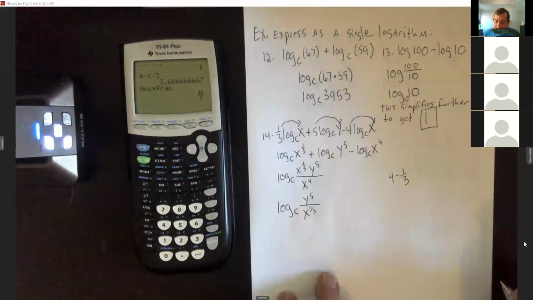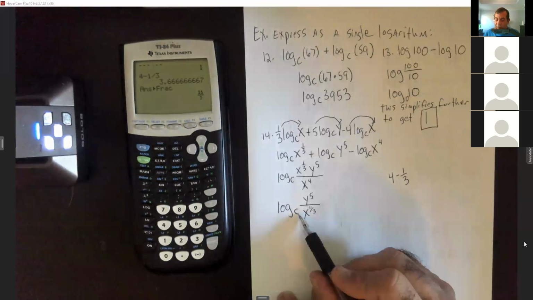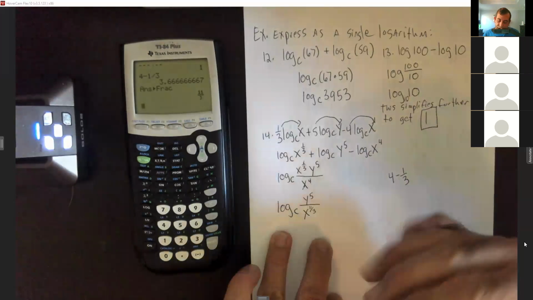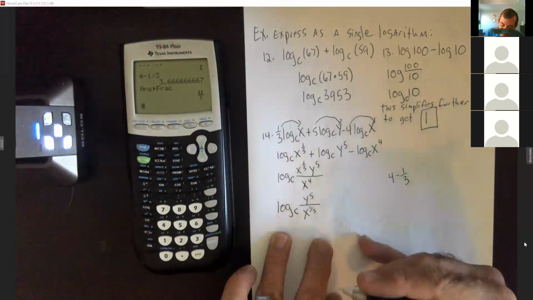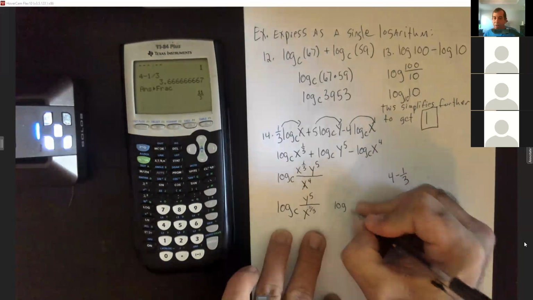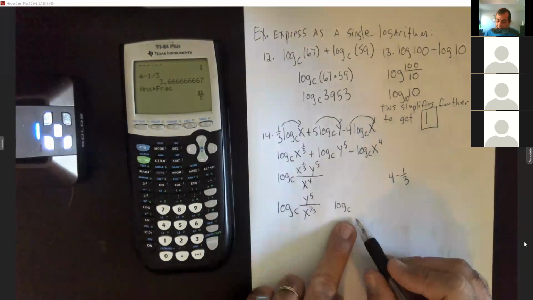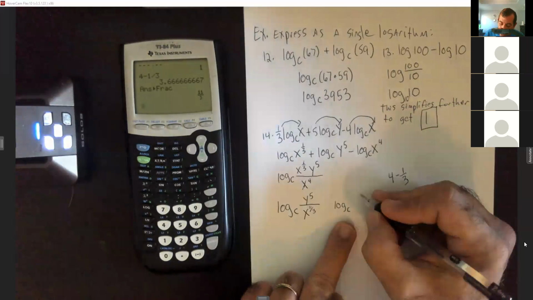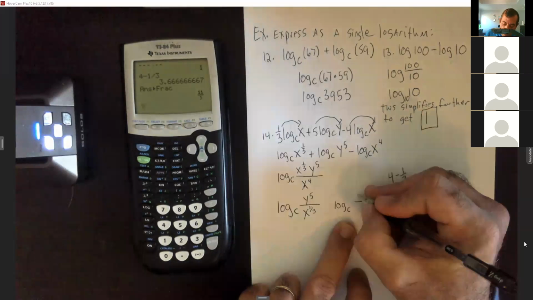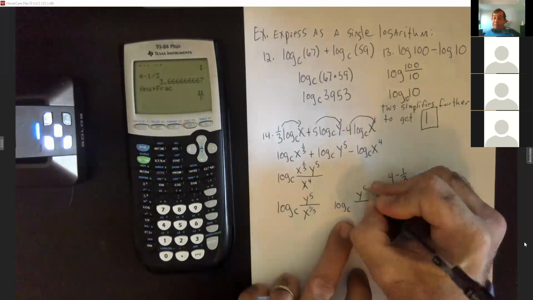So this answer is tricky. I'll actually do it after I do my lecture, but what I would do on this, I would get the log and do the subscript for the C. Then I would hit the fraction bar so that it would put me a big fraction there. On top, I would put in my y with an exponent 5.